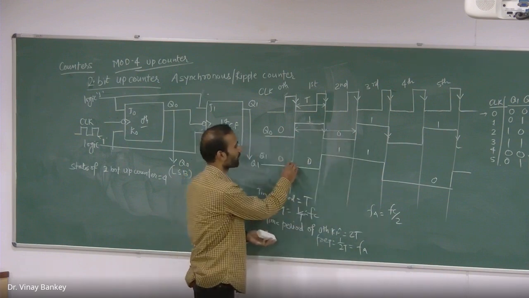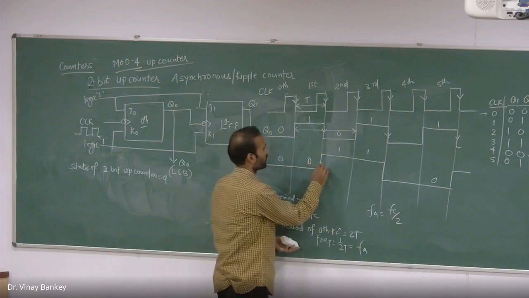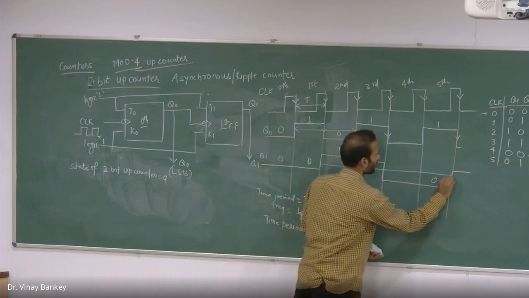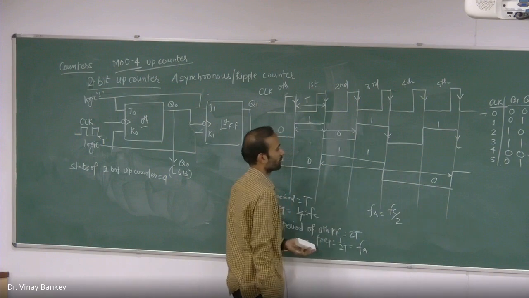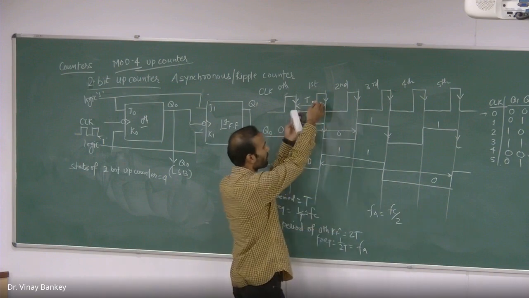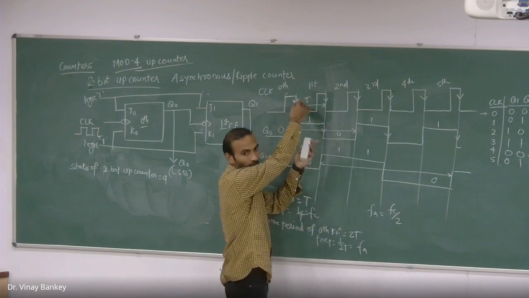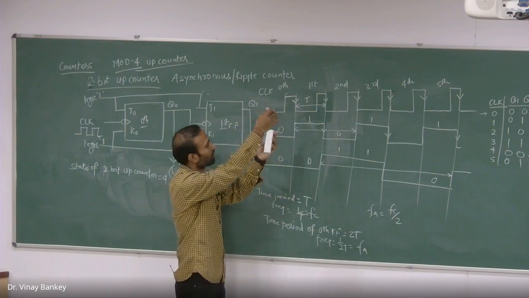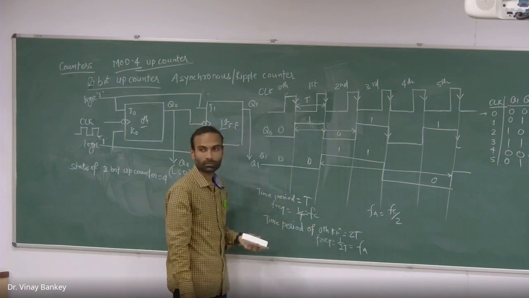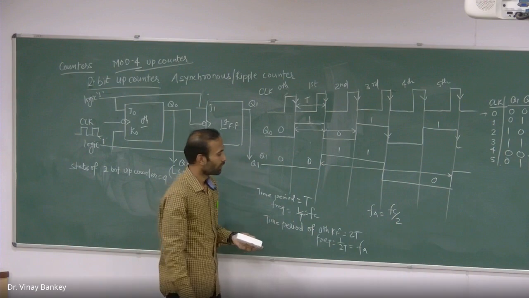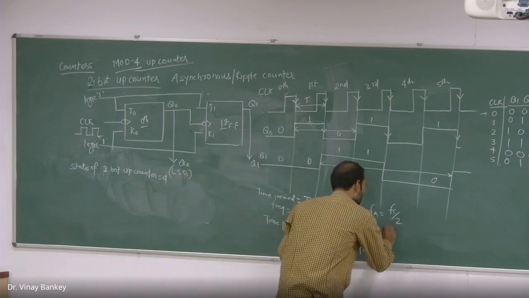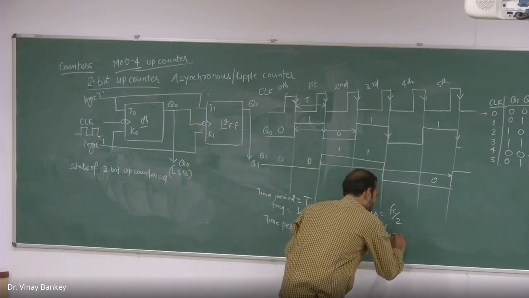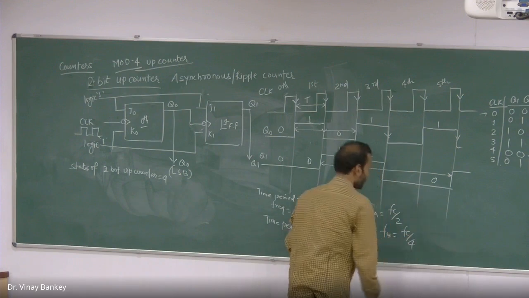And for the second one, if you observe here, this is the time period, which is four times the time period of the clock pulse, isn't it? So my fb will be fc by 4.